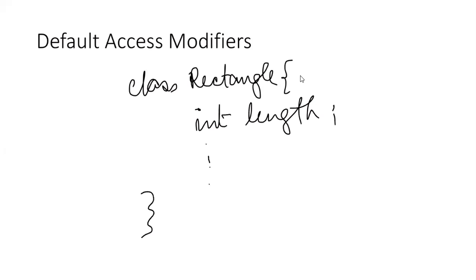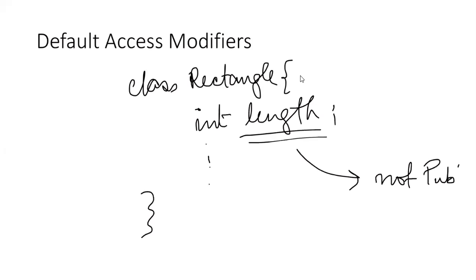However, remember that this is not public. Instead it gets the default access modifier. Default acts like public, but a little bit more restrictive. That means it allows access of length from outside the class, but only within the same package.